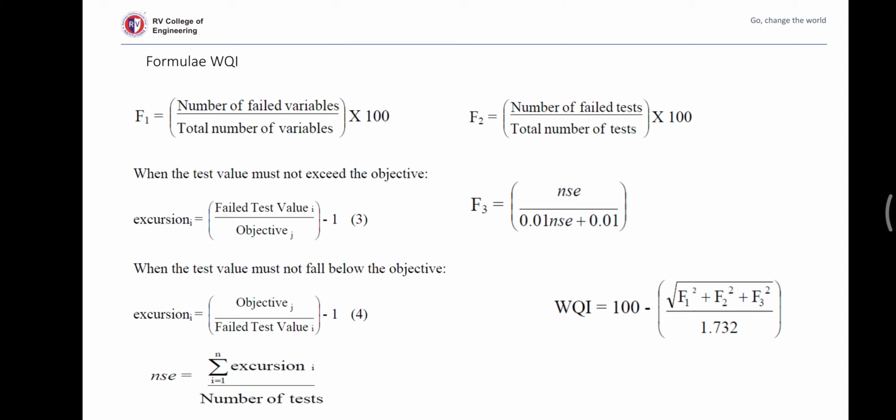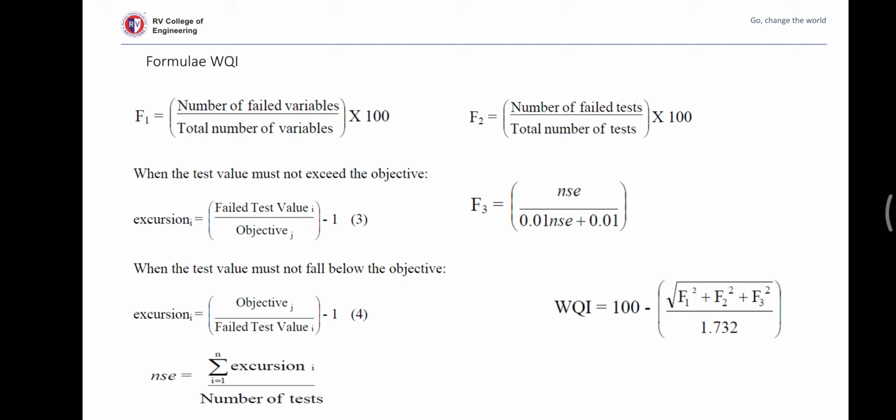The total number of variables will be 4, and failed variables means all these parameters should be of a particular value. In the sense, pH should be around 7 to be consumed, and NTU should be less than 1 to drink, and also total dissolved salt should be less than 5 mg per dl, and also temperature, as we know, is around 30 degrees if it's consumable.